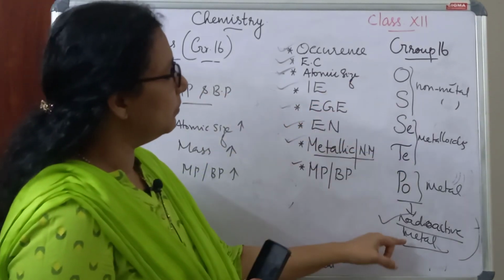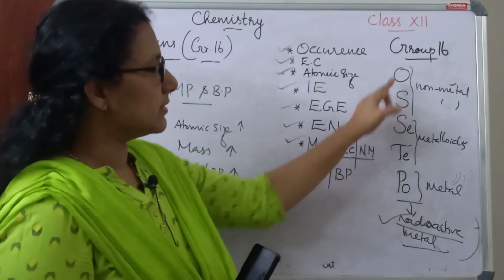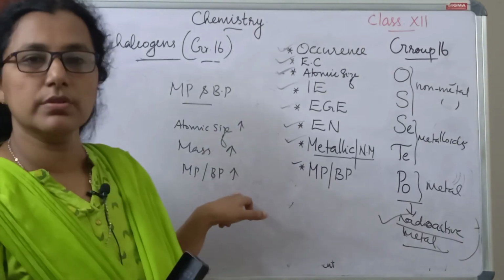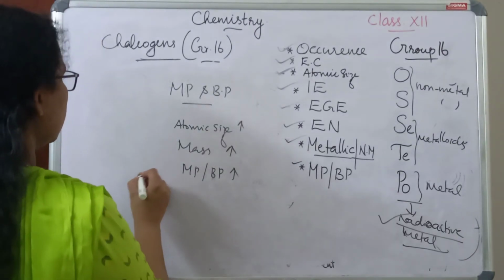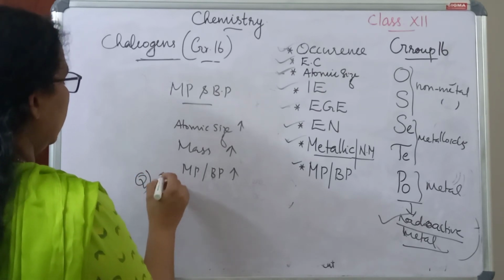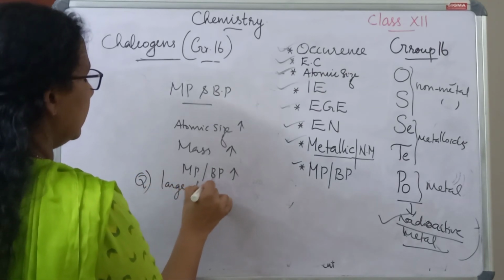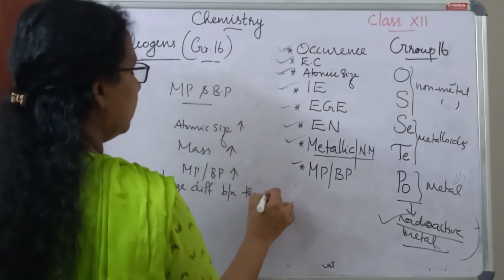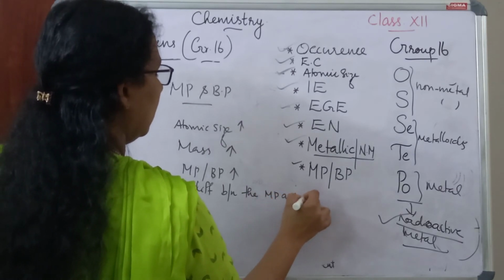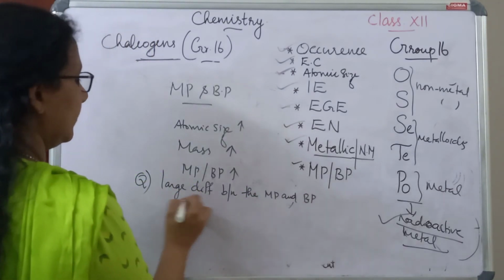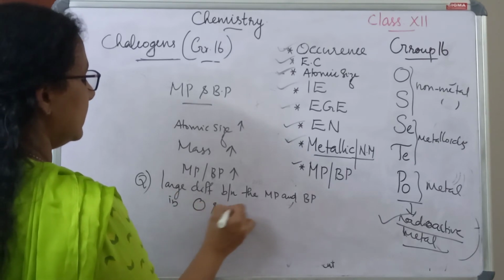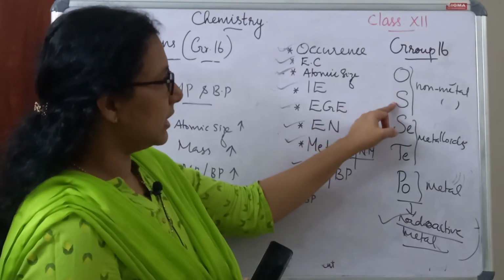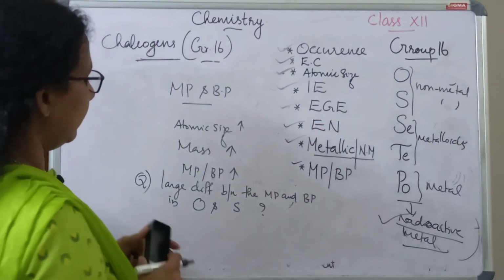So here there is a question: why is there a large difference between the melting point and boiling point of oxygen and sulfur?